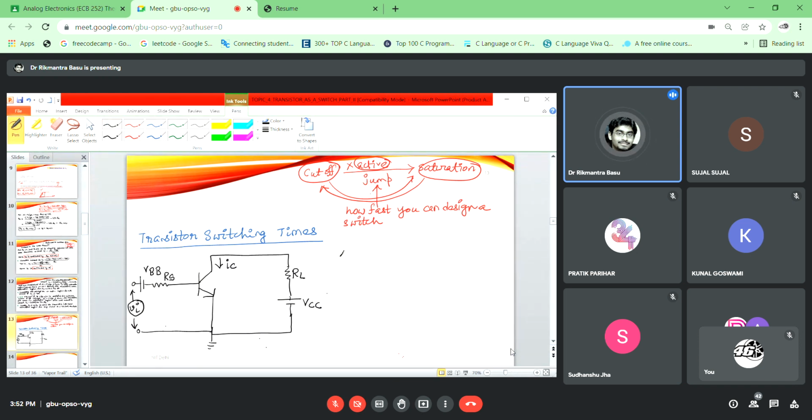On it you have been provided an external signal. Suppose we have taken a very simple signal, a rectangular pulse. This is our input signal. We have to find, against this input signal, how the practical transistor switching performance occurs.